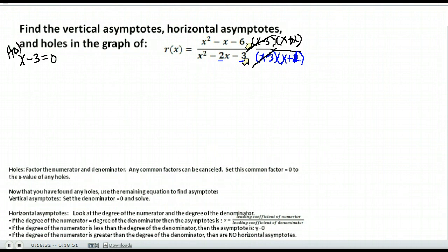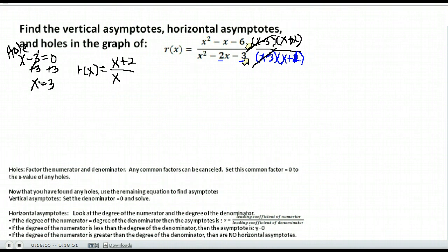Okay, so I have a hole when x minus 3 equals 0. That gives me a hole when x is 3. Now, I would find the y part of that hole, because holes are points instead of lines. We take what's left of the function, anything that didn't get canceled, and we write that down.